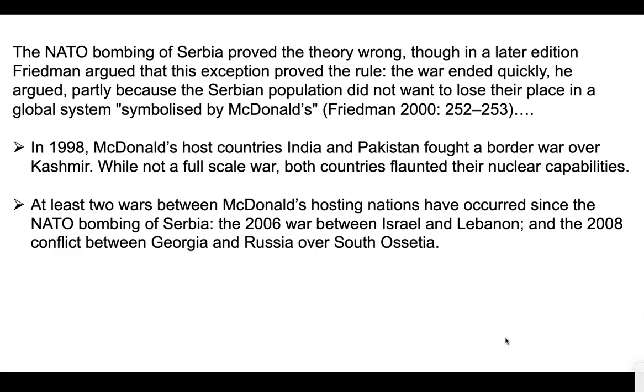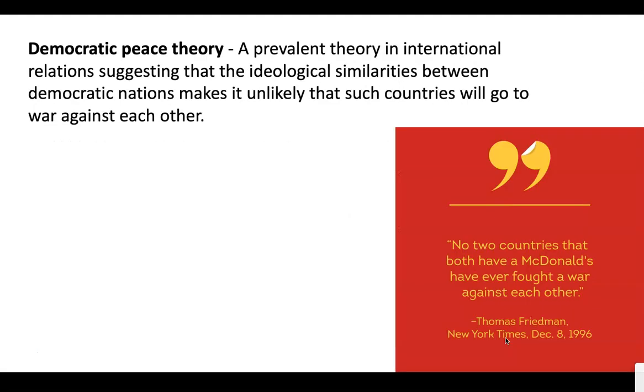You don't need to write this down or know this, but there have been wars where two countries with McDonald's have fought each other. But generally speaking, we don't see democracies fight each other as much. Now, having said that, that's what a lot of people said before the First World War, and then you saw a number of democratic countries go to war. So it doesn't always necessarily work out that way.